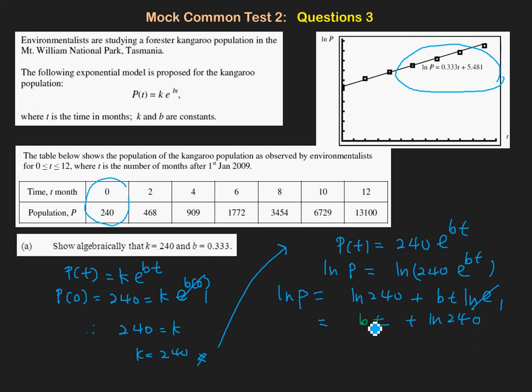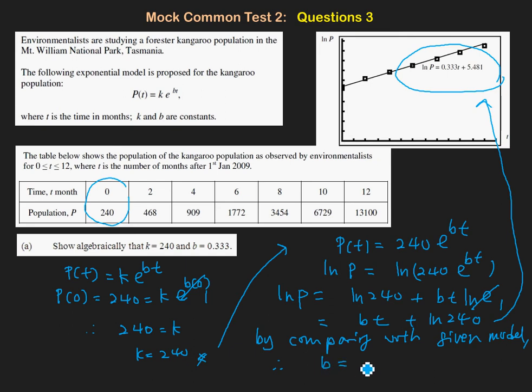So if you compare this with this model, we discover then b is indeed 0.333.